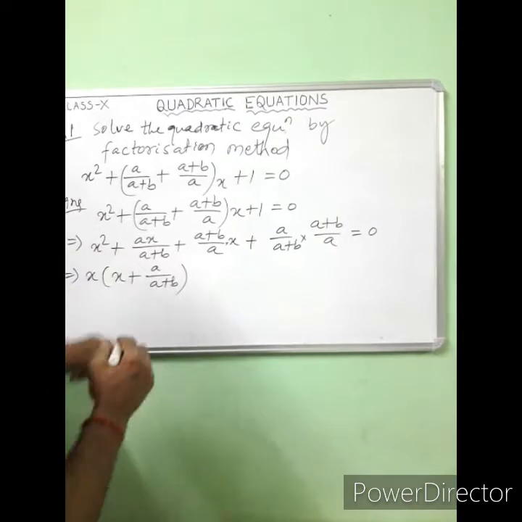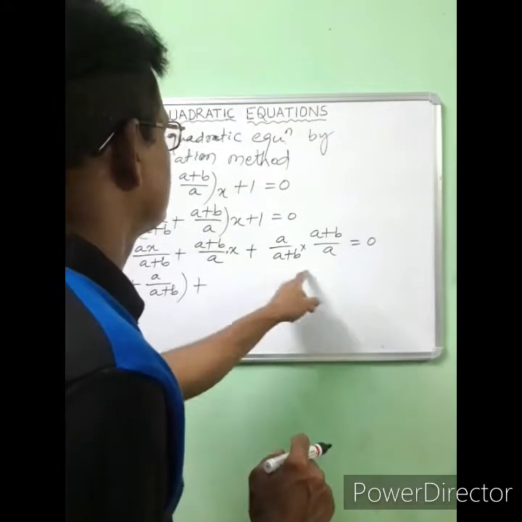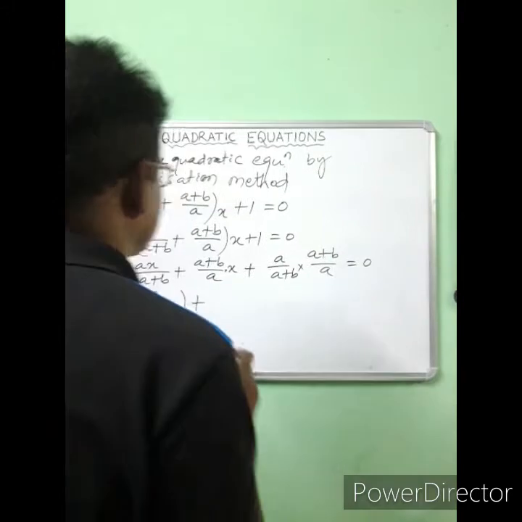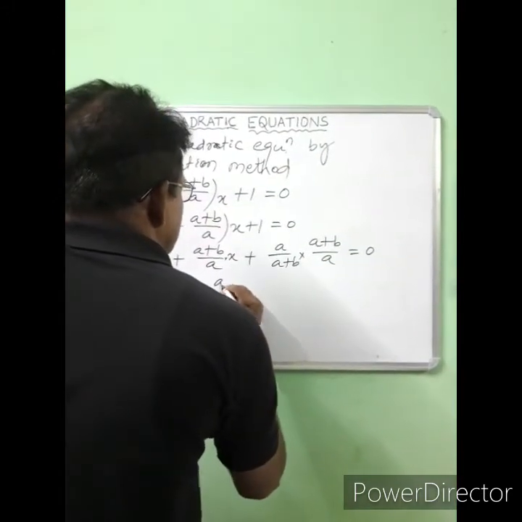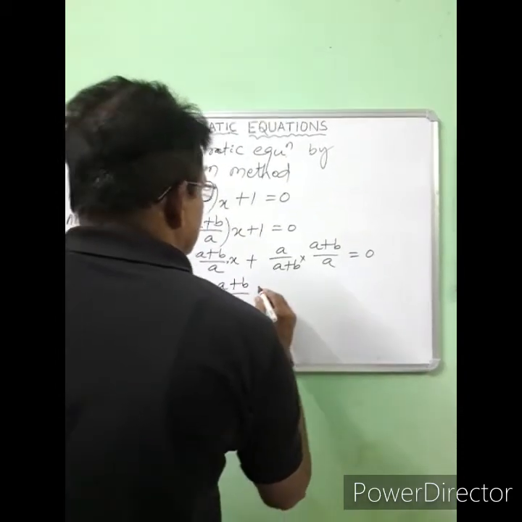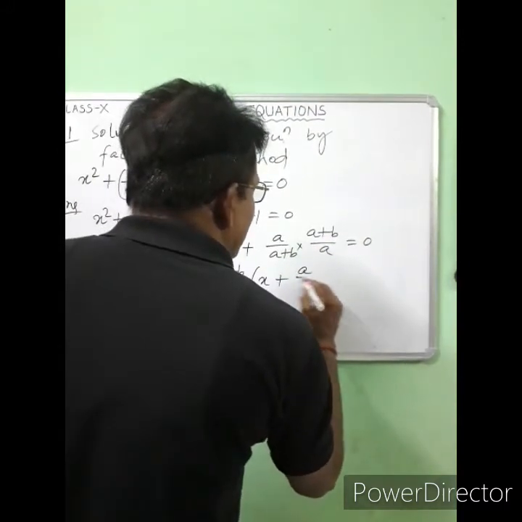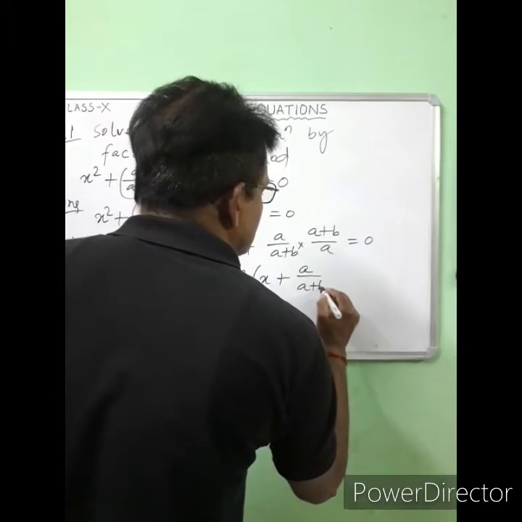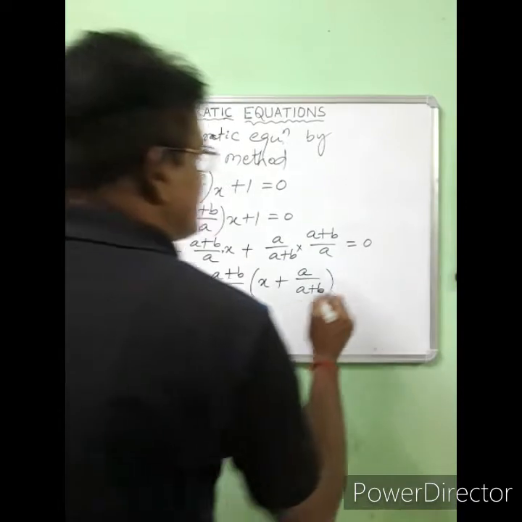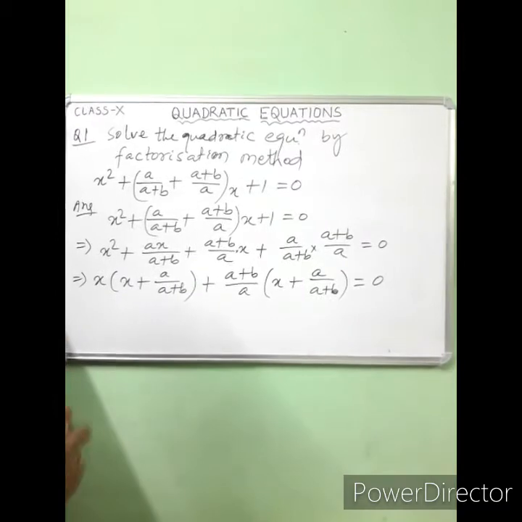Plus, among the other two terms, a plus b by a is taken as common, so the remaining is x plus a by a plus b. That is equal to 0. Clear?